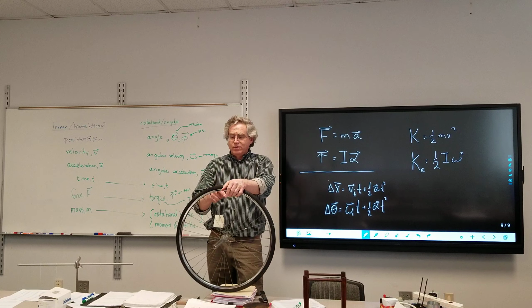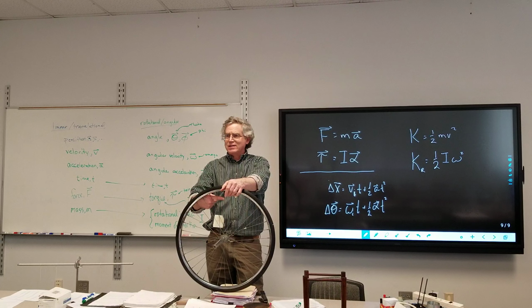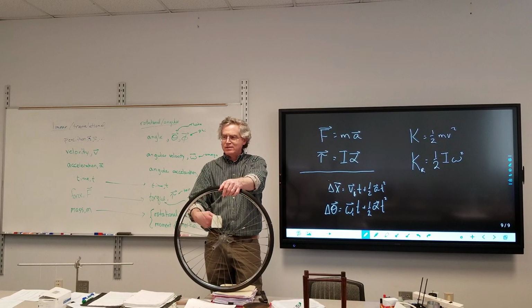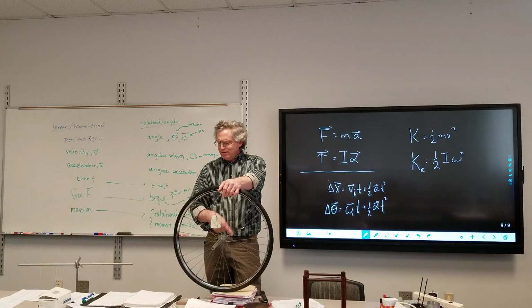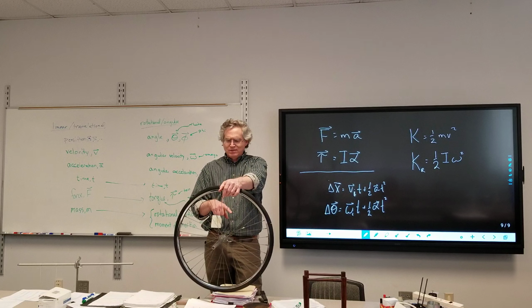So this one travels a greater distance in the same amount of time, so it is traveling at a faster speed. However, they both go around the same angle in the same amount of time. They have the same angular speed. They have different speeds, but the same angular speed.